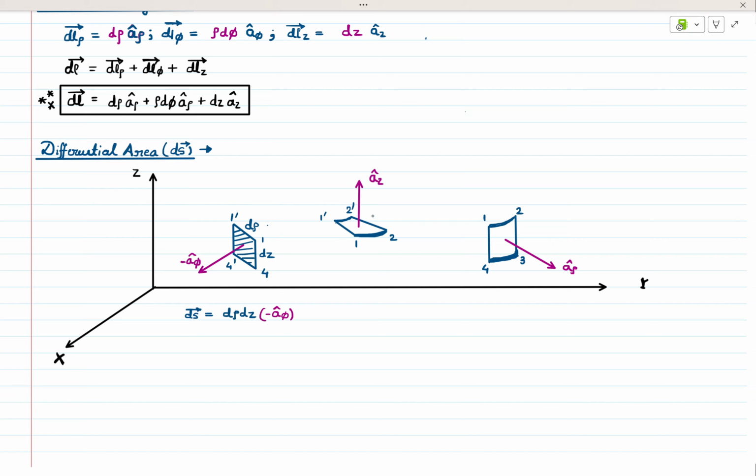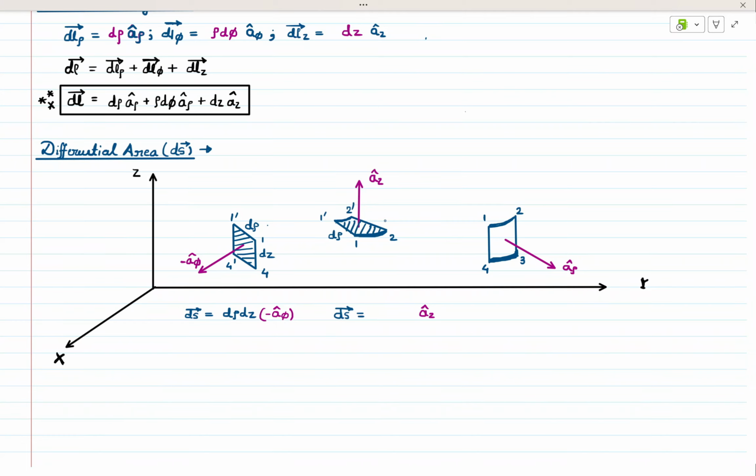Now for this area, tell me what is the dS? You are sure that the dS will be in the direction of az. If the dS is in the direction of az, let me tell about the magnitude from the length and the width. What will be the length? That is 1 1 dash or 2 2 dash. This is nothing but the d-rho.